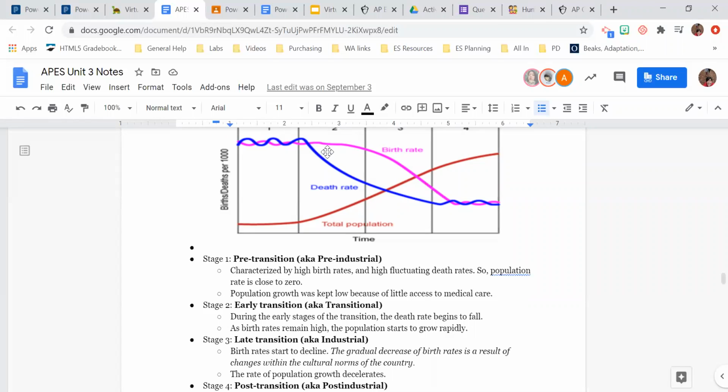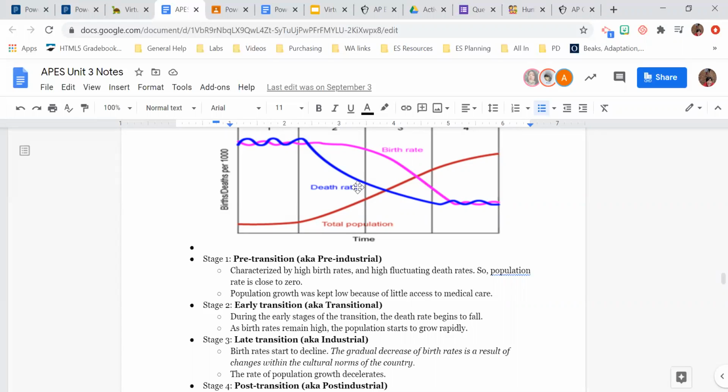Now, initially, as we started to have better medical care, better nutrition, those death rates start to fall. But people are still programmed to just have as many kids, and also they don't have as good access to ways to prevent childbirth. So someone who had 3 or 4 siblings die when they were little would still end up having lots of kids.